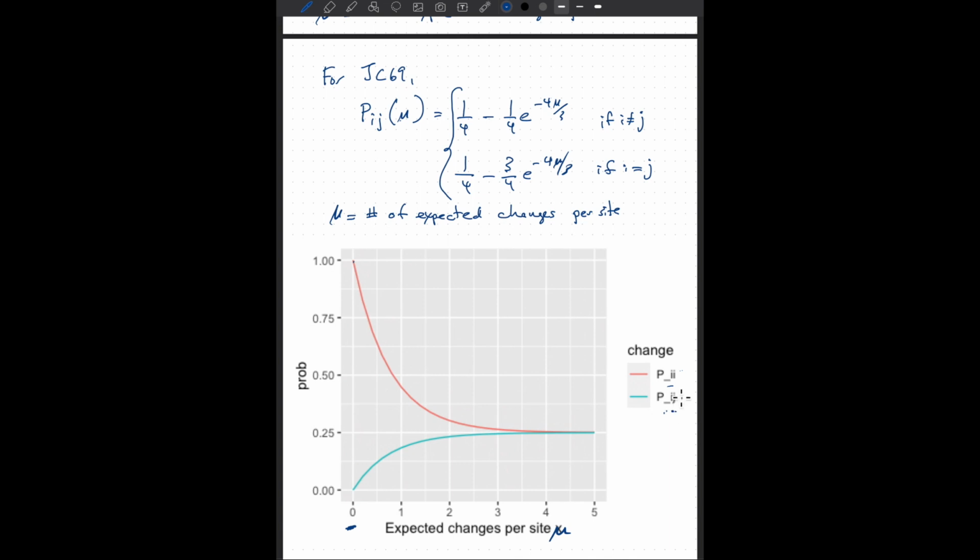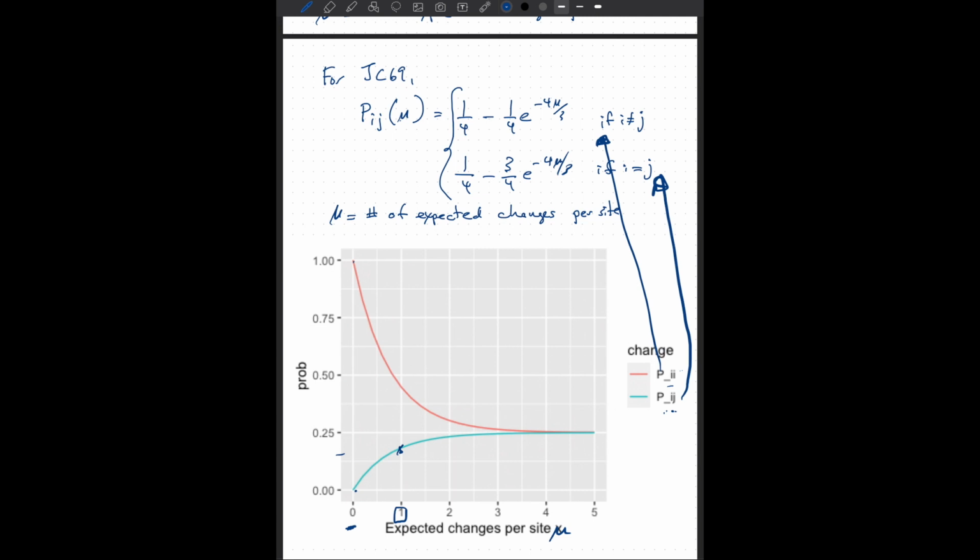So this curve here is this equation here. I hope that's 100% clear. There's no probability to switch away from state A if there's no evolution. If I expect that site to change once over my period of evolution, well, it says that my probability of being in state A is around 20%.